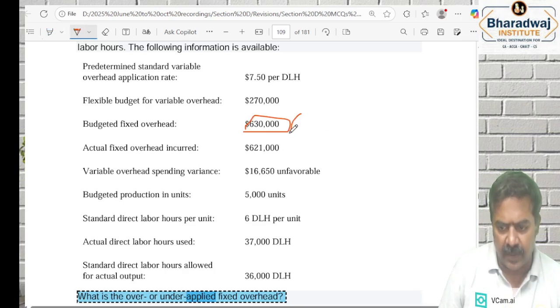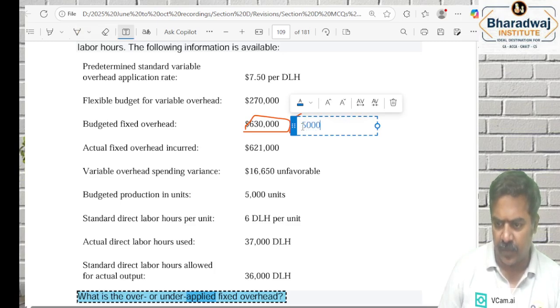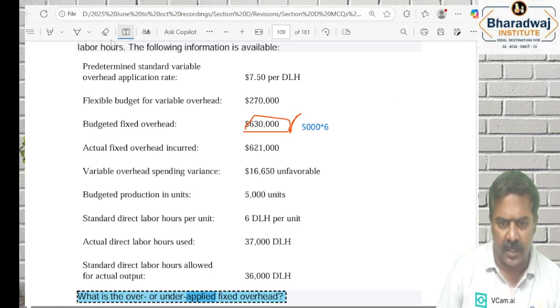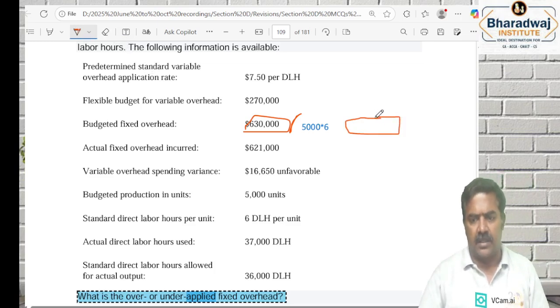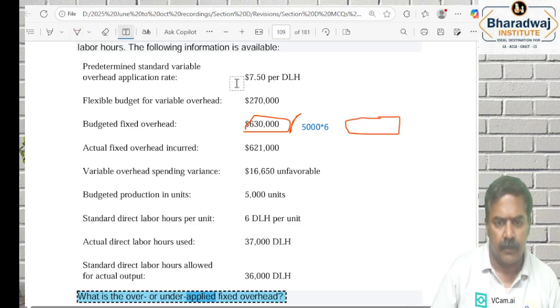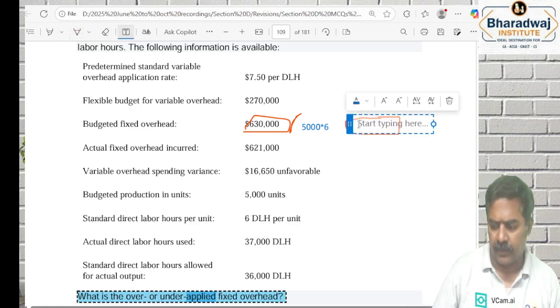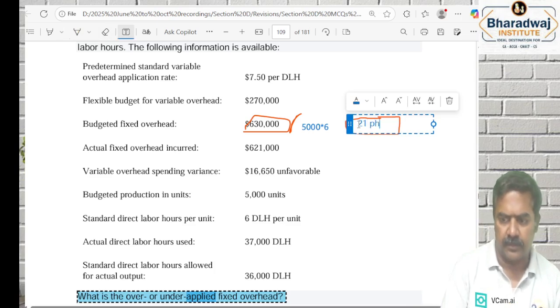This divided by budgeted hours, which will be 5,000 into 6. So it will give us a rate per hour. 6,30,000 divided by 30,000. How much do you get? 21 per hour.